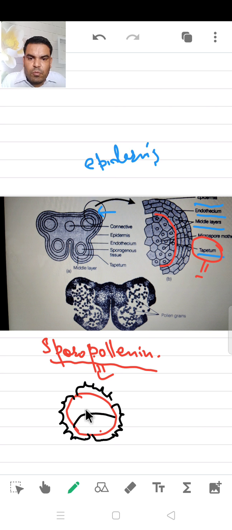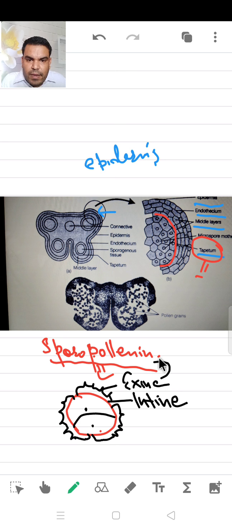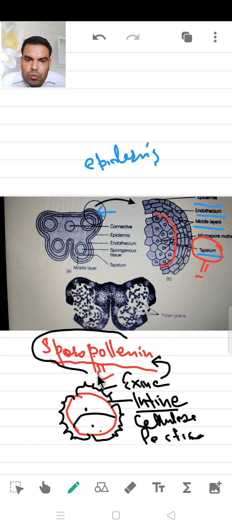This is the exine, and the inner layer is called intine. Exine is made up of sporopollenin, and intine is made up of cellulose and pectic substance, right? So this exine is made up of sporopollenin, which is produced and secreted by the tapetum.